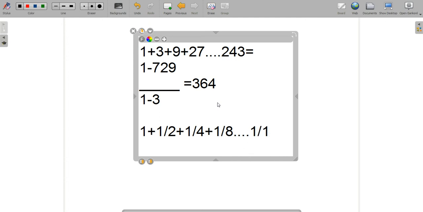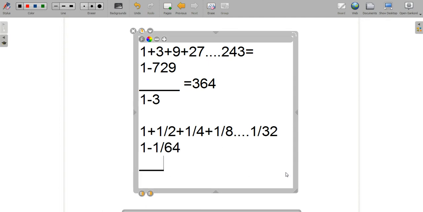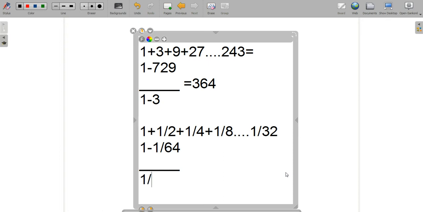One divided by 2. So this would be the same thing, right? 1 minus 1 over 64, divided by 1 minus 1 divided by 2.